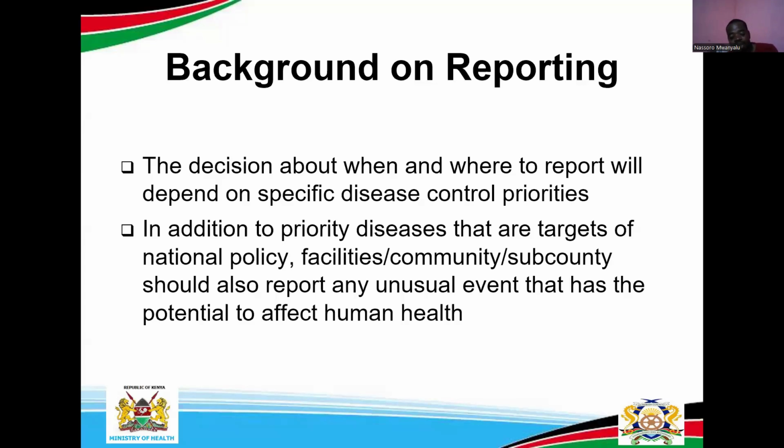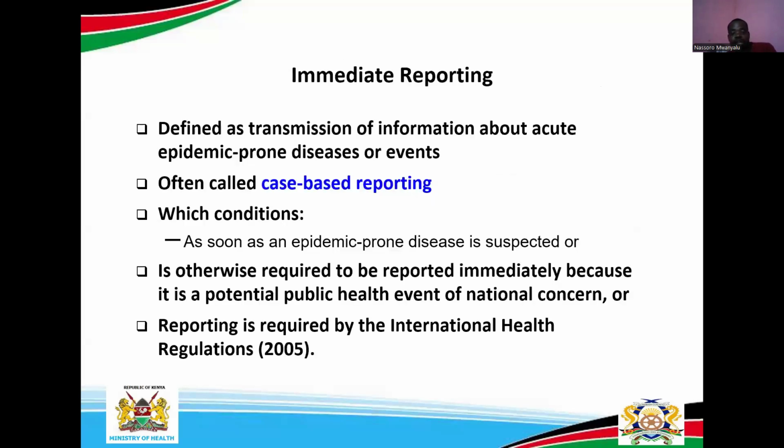And sometimes you can get an unusual event that happens in your particular area of jurisdiction. So when you see an unusual event that is likely to affect human health, then you need to report it. So reporting all depends on issues of specific disease control priorities, the priority list that we have, and also the likelihood for that disease to cause an outbreak.